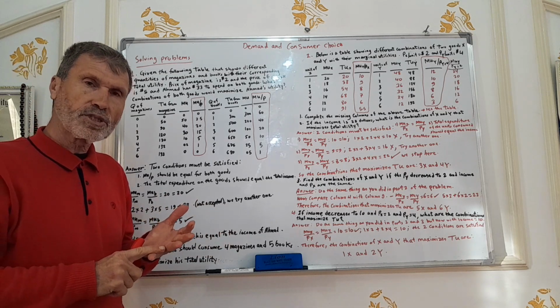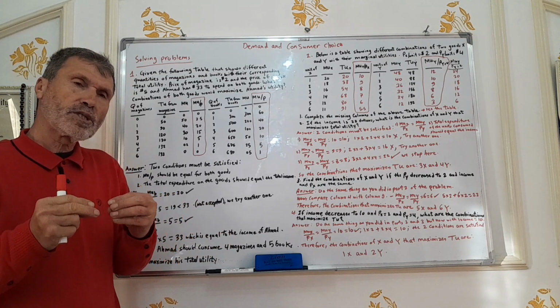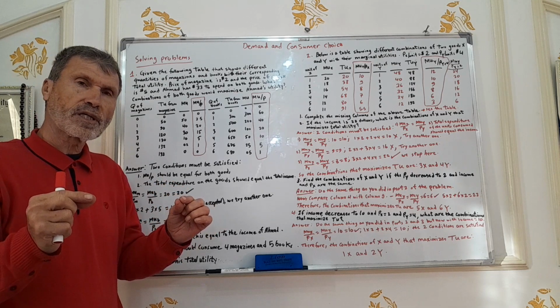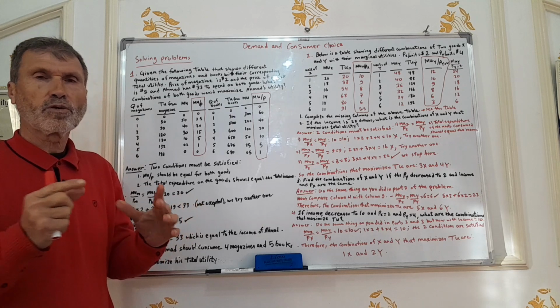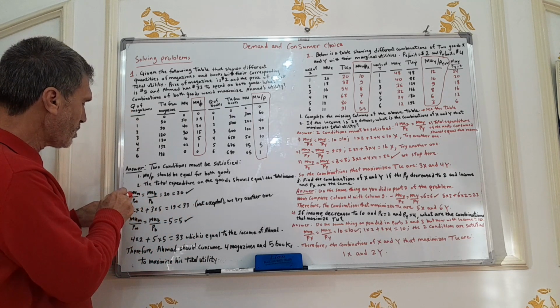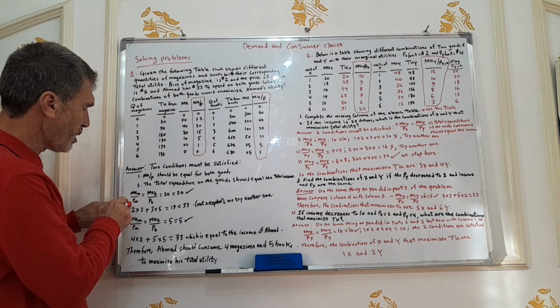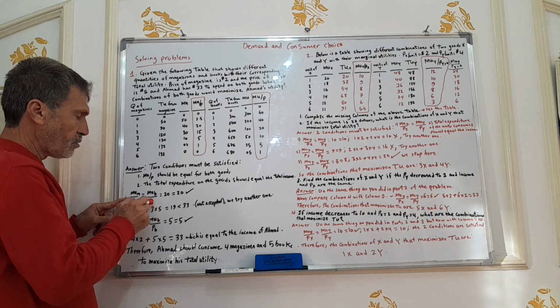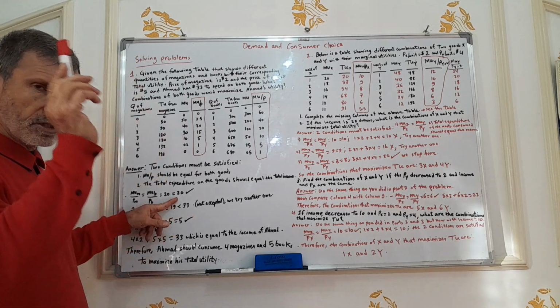The second condition is that the total expenditure on the units of each good is equal to the total income. So let's start here. The first: marginal utility of magazines over price of magazines should equal marginal utility of books over price of books. So 20 equals 20, that's good.